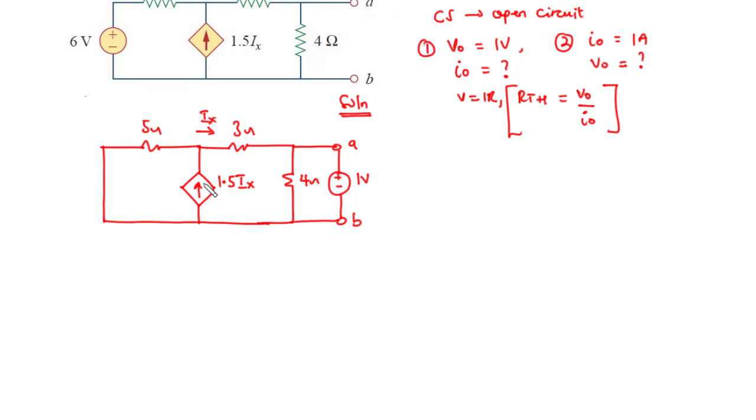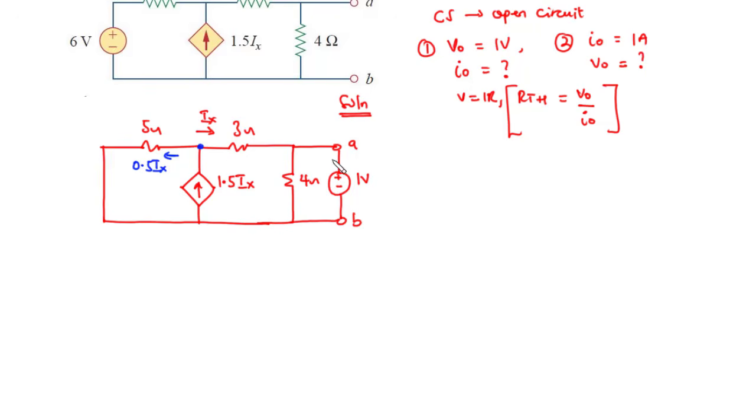So you have this dependent source having current 1.5 Ix moving towards this node, and then we are told that you have Ix leaving in this direction. Therefore, you have 1.5 minus 1 also leaving in this direction. So 1.5 minus 1 is 0.5. So we have 0.5 Ix also leaving in that direction.